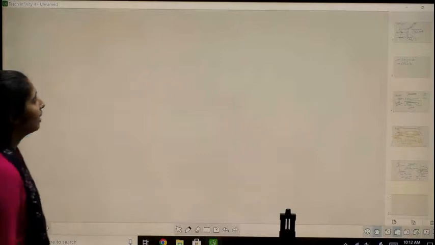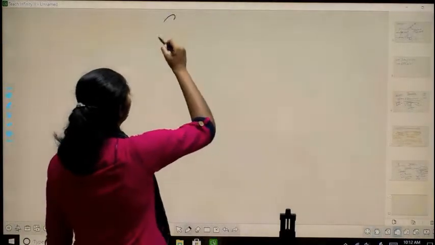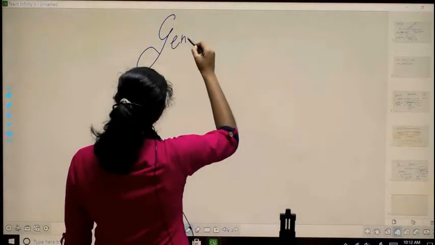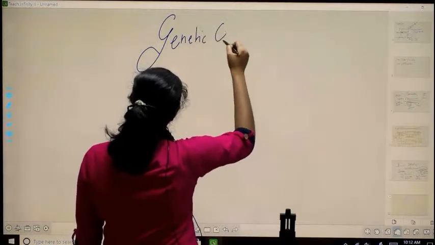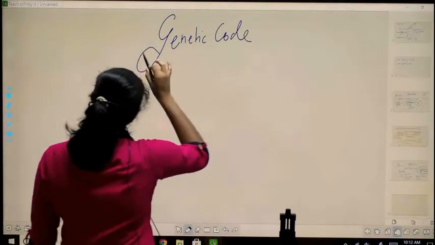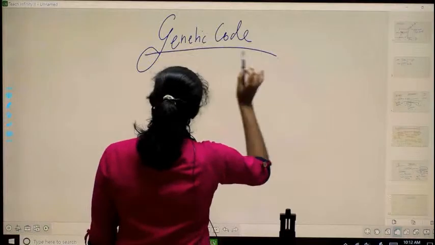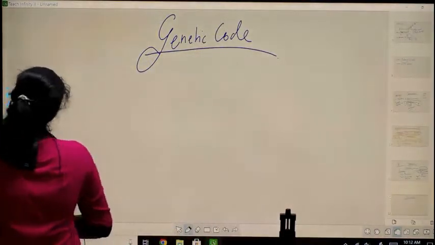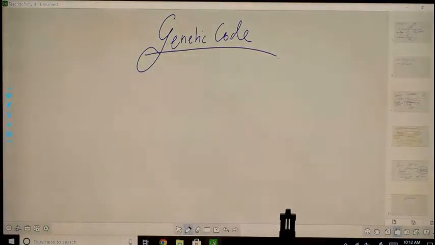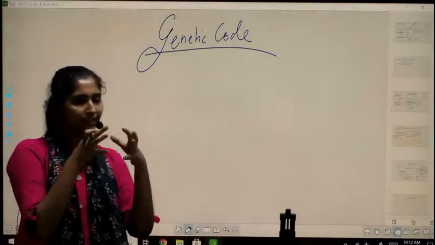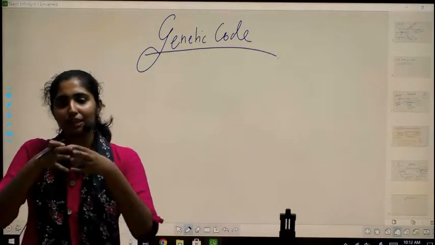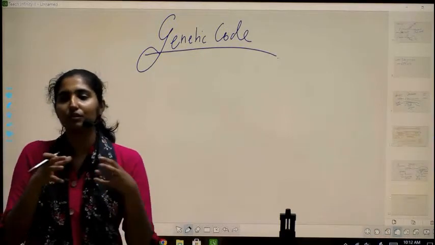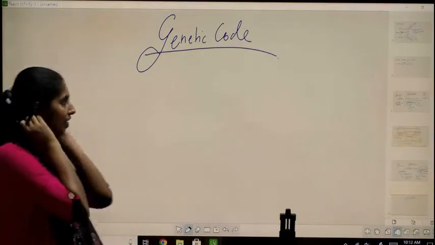Next, before moving on to the next process, that is translation, we should know about the genetic code. Right now we know that the DNA sequence is based on the sequence of nucleotides, or the sequence of base pairs, that are present in DNA, right?